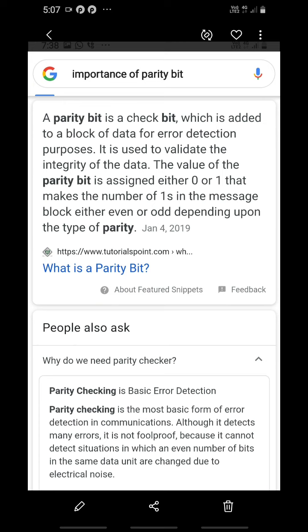In general, one or the other parity is adopted, with even parity being more common. The parity bit is helpful in detecting errors during the transmission of information from one location to another.